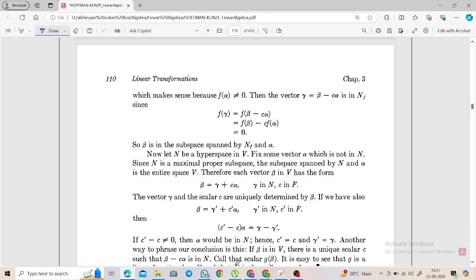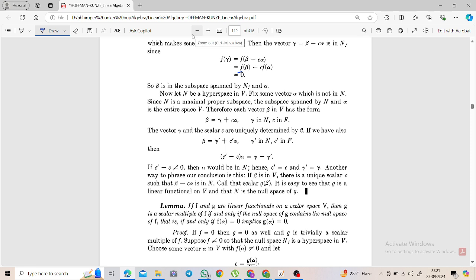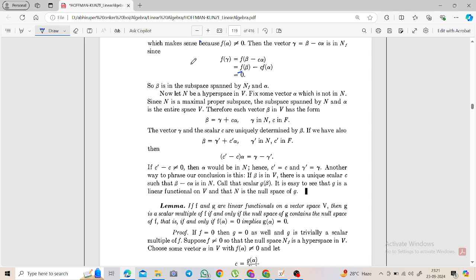Go through the proof. I think it is exactly the same. If you are stuck somewhere, then let me know. Okay.